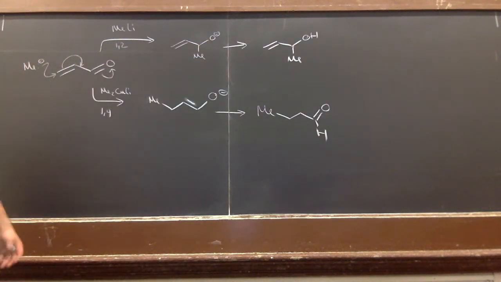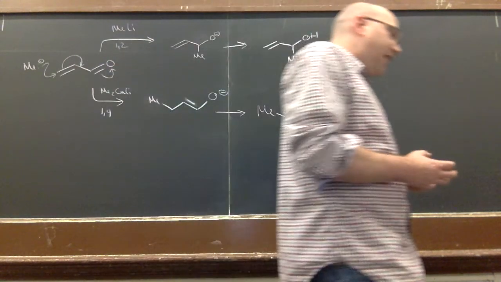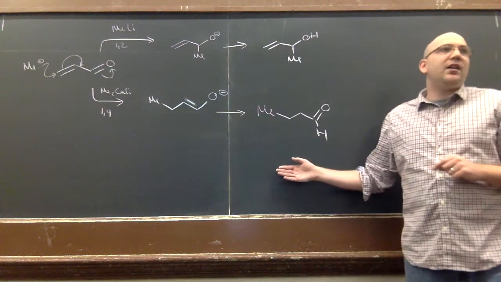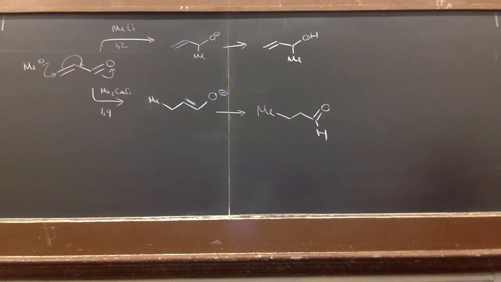But what if instead of saying it's the LUMO, I told you that usually you want to add in this bottom way, and the reason is because it's thermodynamically favored? Now, looking at these two products, could you come up with a reason why the bottom molecule might be thermodynamically favored over the top?